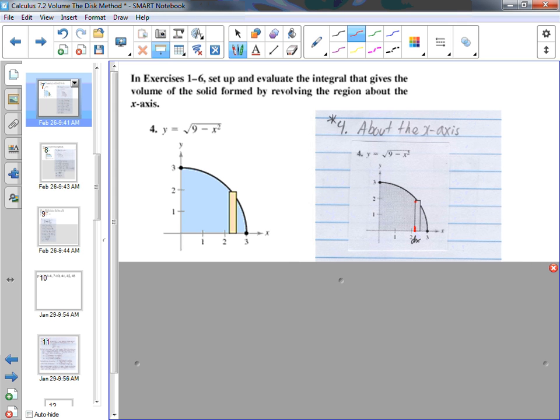So that little red segment right there, its length is the radius. But here's the thing. If I drew in a different rectangle over here, I would get a different length for the radius, wouldn't I? So I'm not looking for a constant. I'm looking for a function.